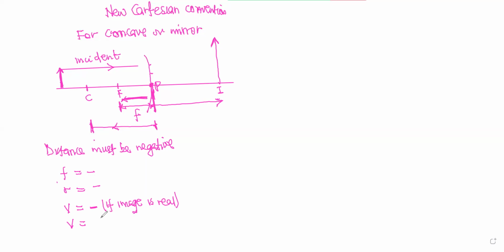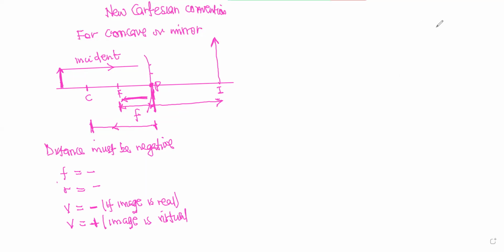And if the direction of measurement is in the same direction as the incident light, then in this case, v is positive because the image is virtual. So that is what goes into our NC convention. Class, are we okay? Yes, sir.